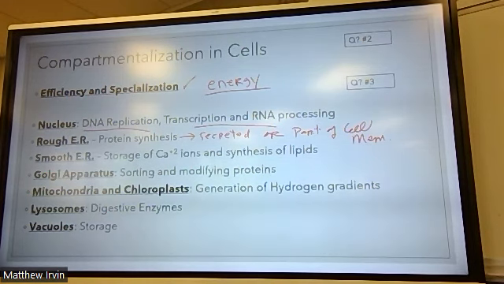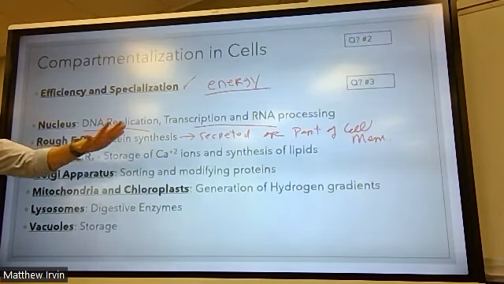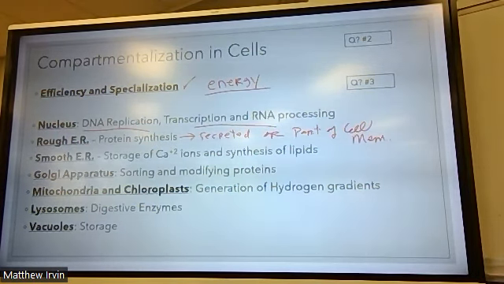So when the nerve impulse gets to the end of the synapse, that's going to allow the calcium to rush in. And then we also have the synthesis of lipids, hormones, and the cell membrane. Other things, detoxifying things, but those aren't the main things.